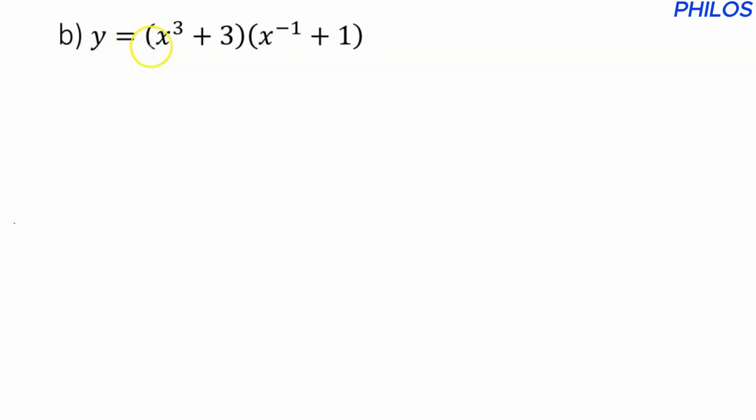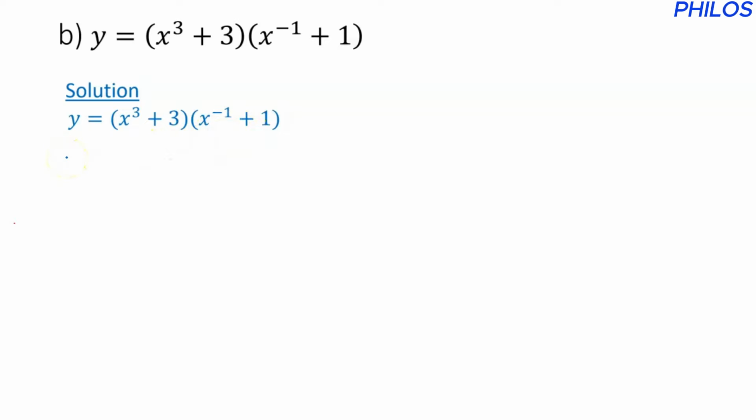y is equal to x cubed plus 3, all in bracket, multiplying x exponent negative 1 plus 1. Now to solve this also, let's recall the function again, which is y equals x exponent 3 plus 3, all multiplying x exponent negative 1 plus 1.